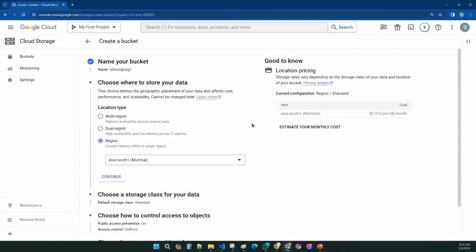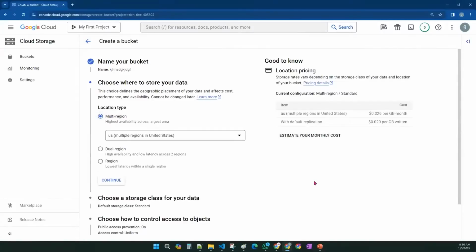Sir, I want to go for multi-region because I understand that this data I am storing here is very important, very crucial and very sensitive. At any cost, I don't want to lose the data. In that scenario, you select multi-regions, and the data will be stored in multiple regions.